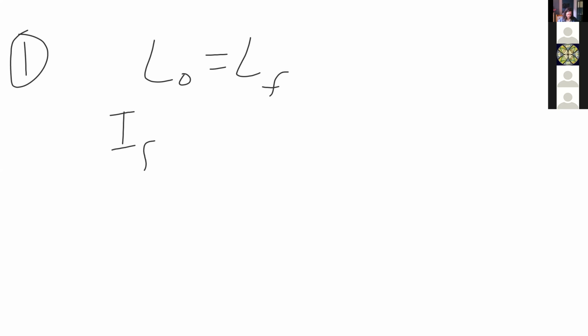So we have I initial omega initial equals I final omega final. This equality has to hold for both problem 1 and 2. In both problems, it's the inertia that's going to change, and in both cases you have a massive putty that gets stuck to some other object.